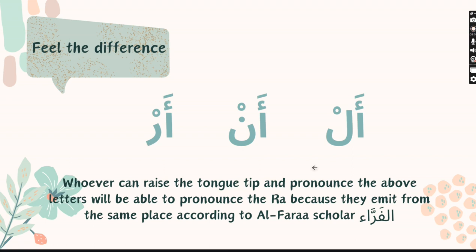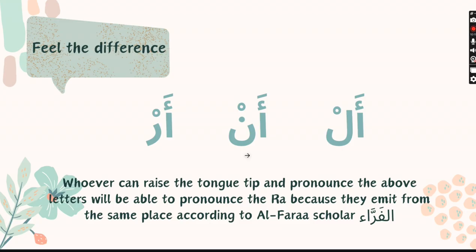So let us say them again. Al, and the lam has bayniya, and the ra, they both have tawassut. And what about the noon? Does it have tawassut? Of course. Lin Omar. So this has this tawassut. So let's do it.